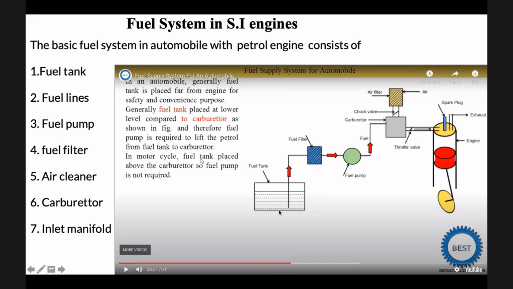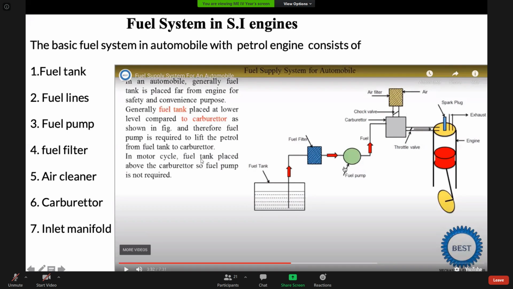Based on the position of the fuel tank, we need to do some adjustment. Suppose we have the fuel tank above the carburetor, then in that situation, due to gravitational force, we need not have the fuel pump. I will show you the different possible configurations in the next slide.